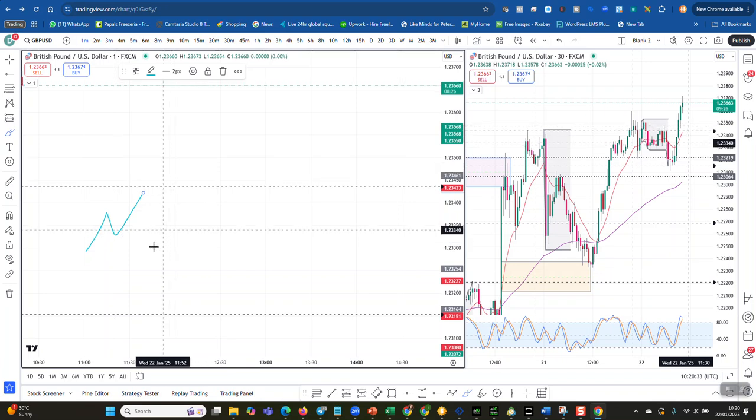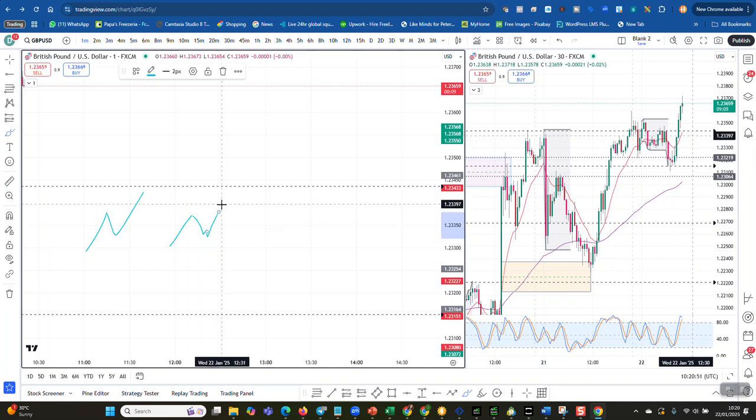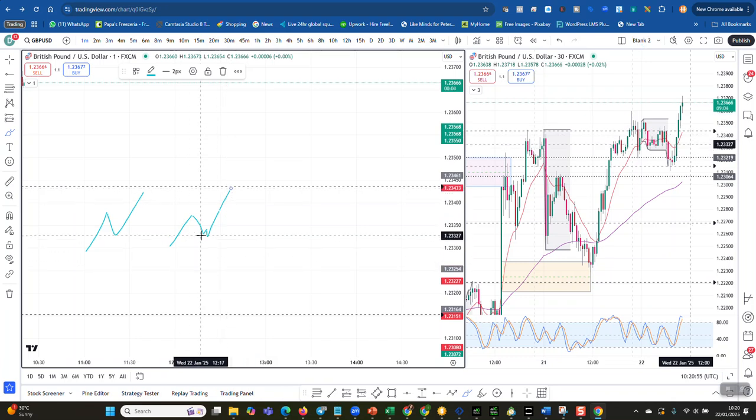What I want you to start looking out for will be things like this. In this situation, you have the same sort of move, then you get a slight move up, then a sweep of that swing, then have this now happen. This little bit there is a draw on liquidity.